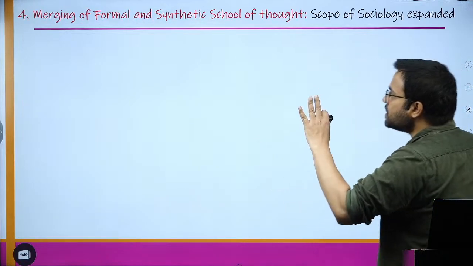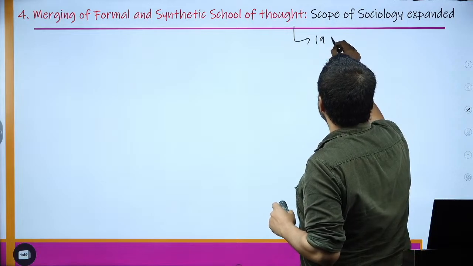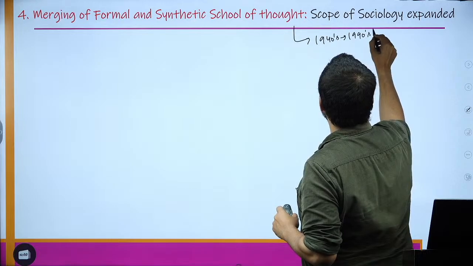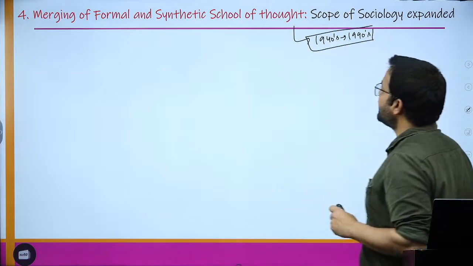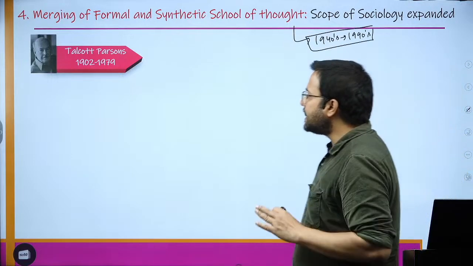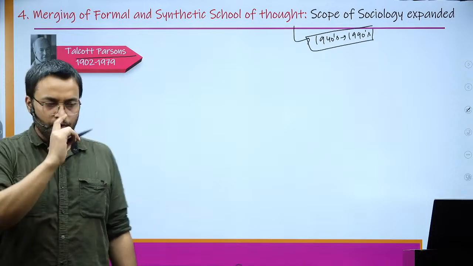Now there was a merging of the formal and synthetic schools of thought, and this started gaining traction from the 1940s till the 1990s. There were certain thinkers, like Talcott Parsons. We'll be discussing Talcott Parsons in a lot of detail in our unit 4.